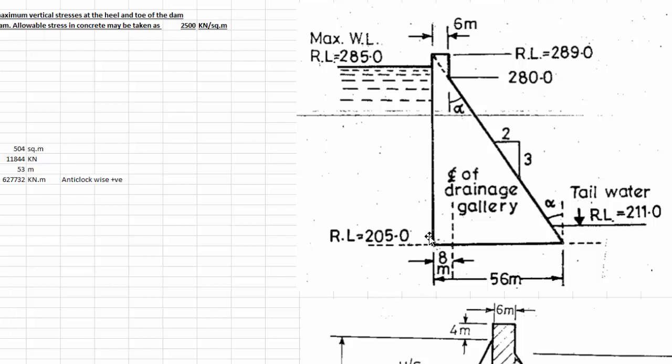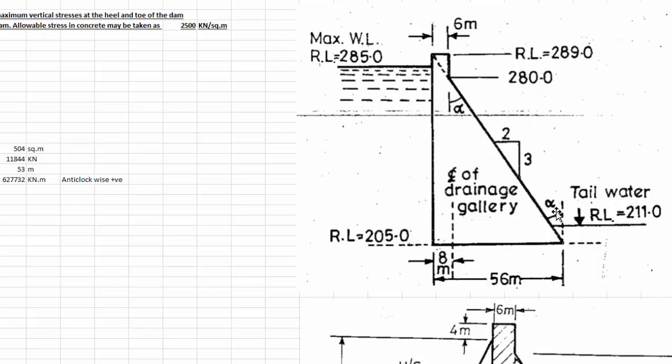As I said earlier, this point is called the heel of the dam, and this one is called the toe of the dam, and we are going to calculate the moment arm of forces around the toe of the dam, so that we can find out in which direction this reservoir is turning. Now water is stored on this side, you see, so there would be a resultant force of water acting in this direction, which will make the reservoir tilt in this direction.